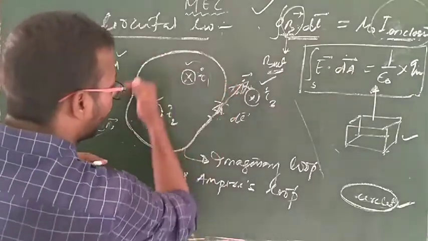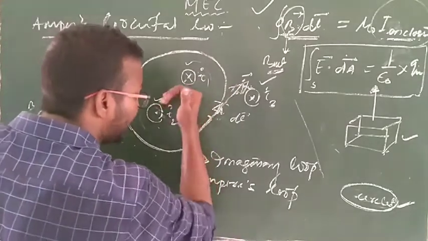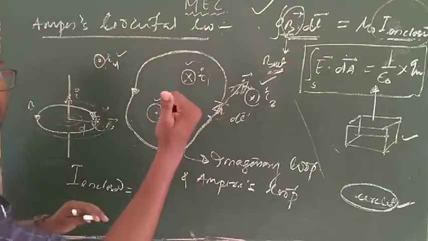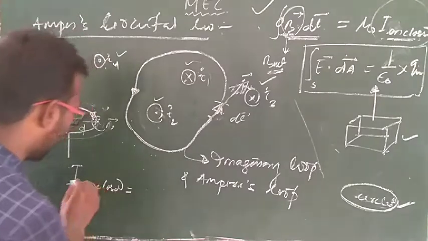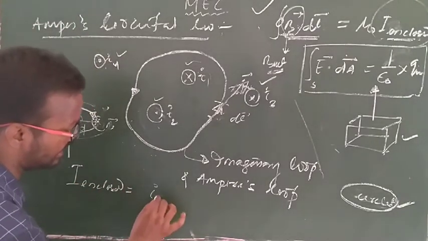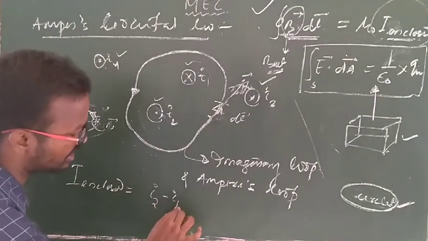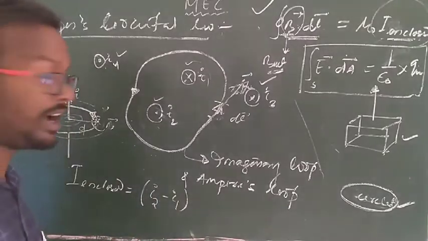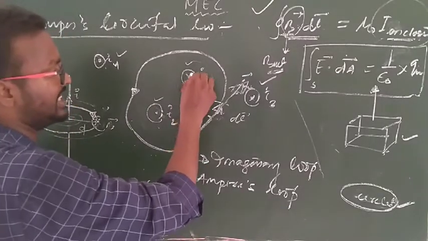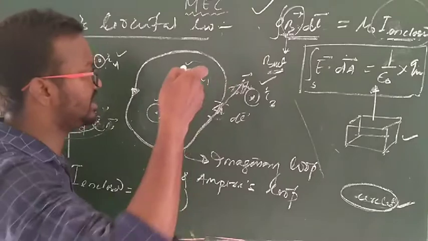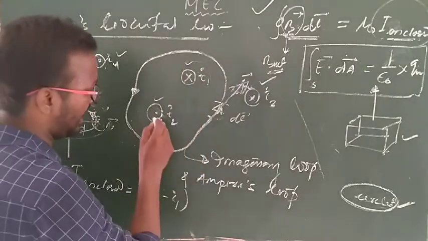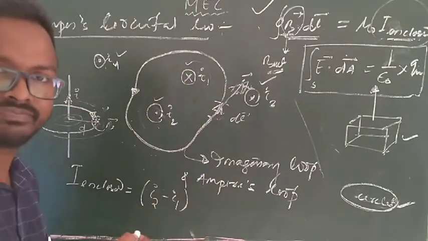So the net current within the Amperian loop is coming outward. So I enclosed can be written as I2 minus I1. Why? Because I1 is in the inward direction and I2 is in the outward direction.